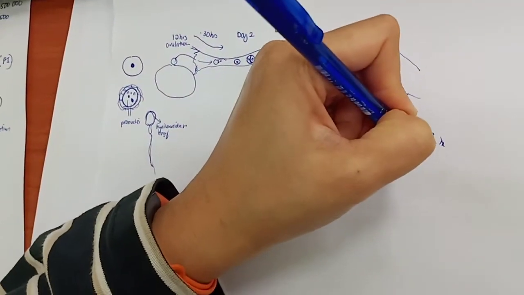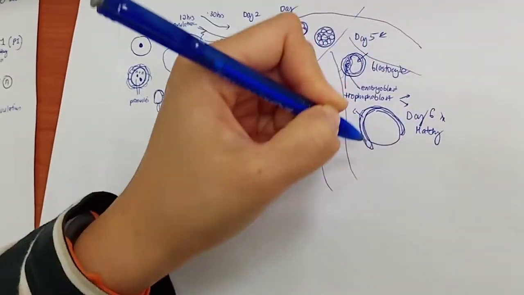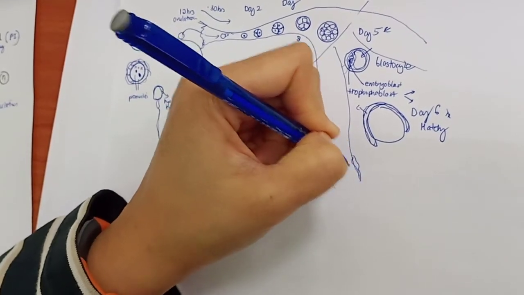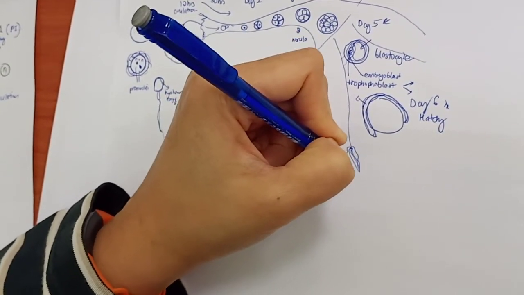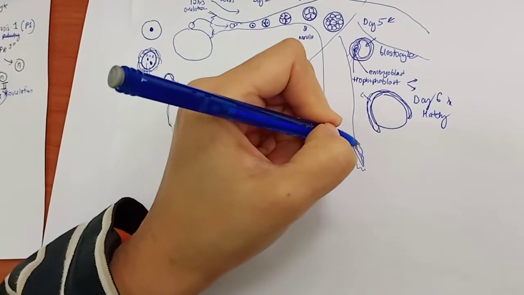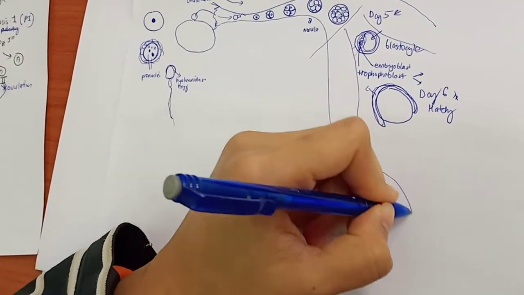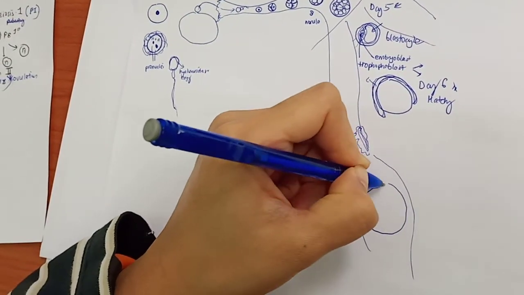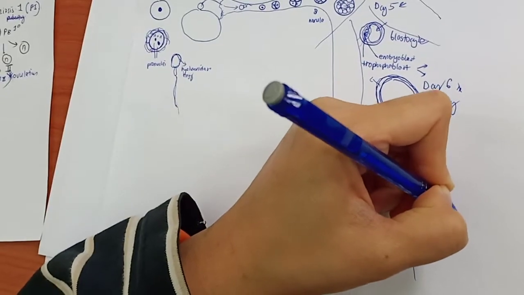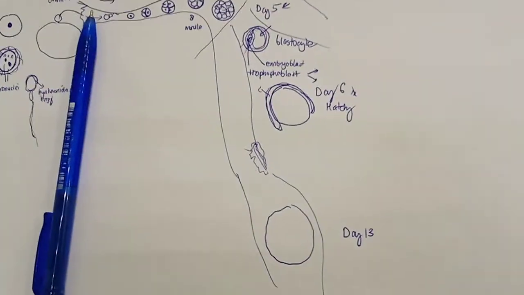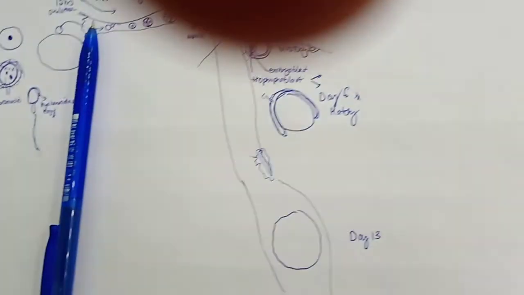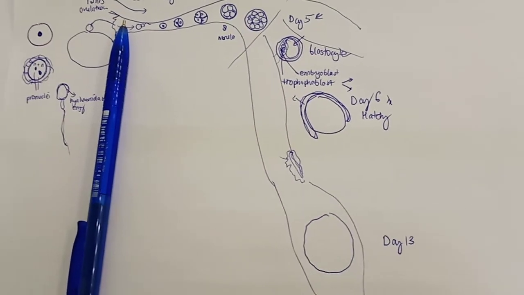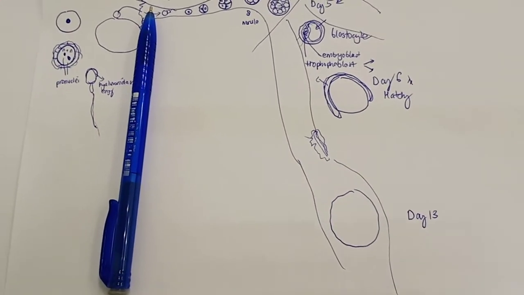So hatching occurs here, and at the same time the trophoblasts will become syncytiotrophoblasts, and the implantation will later be completed by day 13.